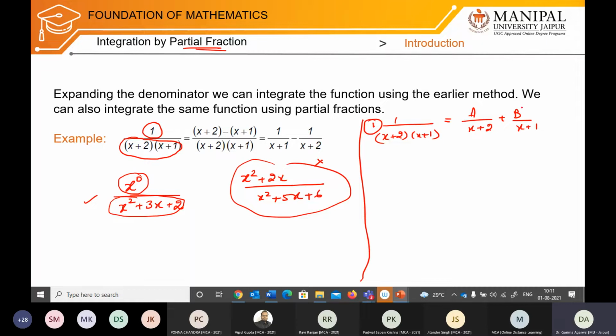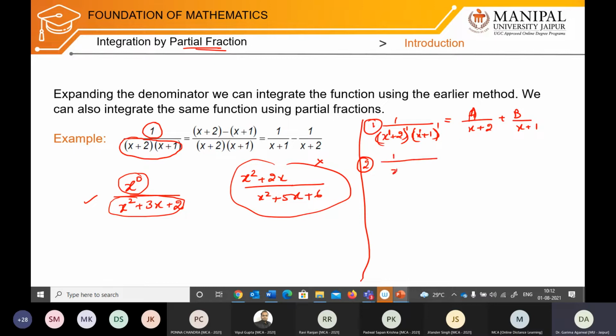Then we find the values of a and b, substitute them, and integrate. How we find a and b, we'll discuss in the next slide. First, how we split the given factors: the maximum power of each bracket is 1, so we simply use a and b.